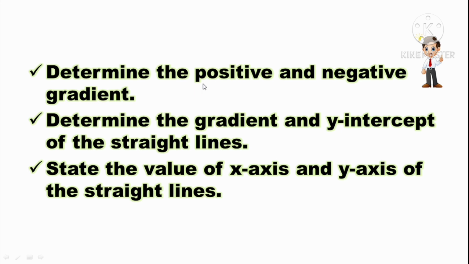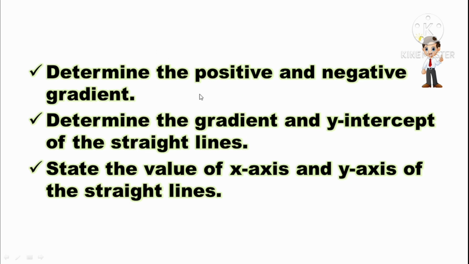The straight line will be drawn upward to our right, and the negative gradient will be drawn downwards. And then you will be able to determine the gradient and y-intercept of the straight lines.